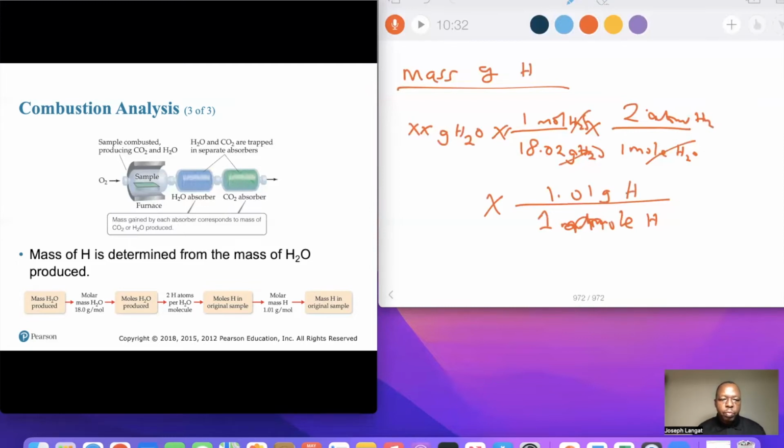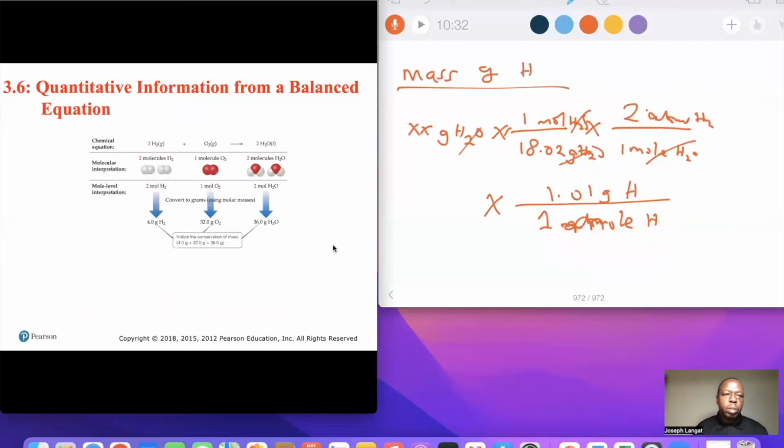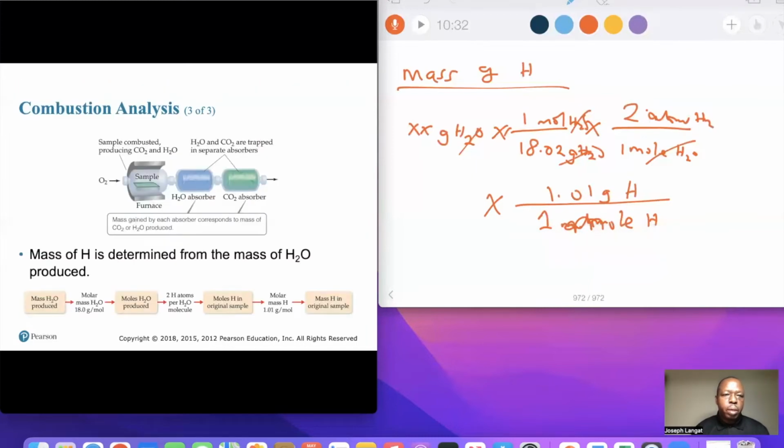So here you have to know how to set it up the way I have it here, so that you know where you are heading. Otherwise it will be difficult for you to end up with the correct mass. The last conversion here is the mole ratio between hydrogen and oxygen.